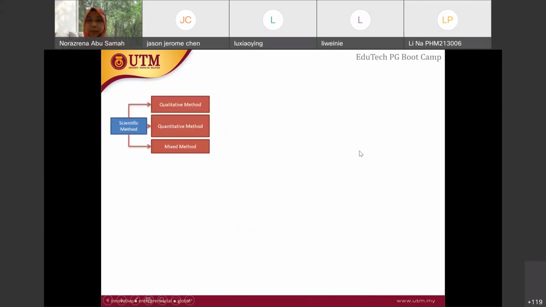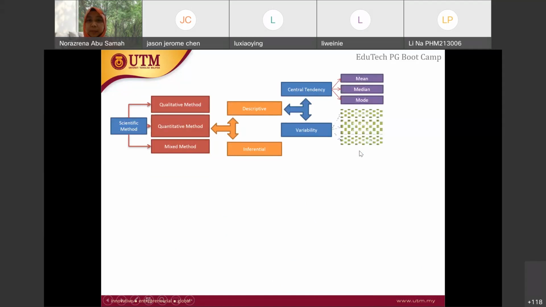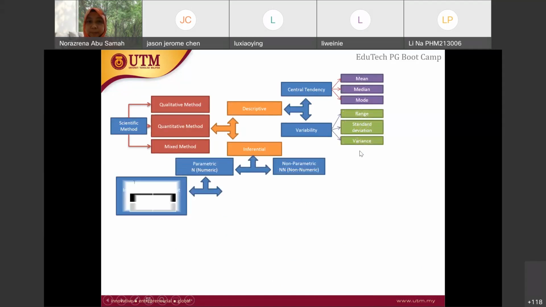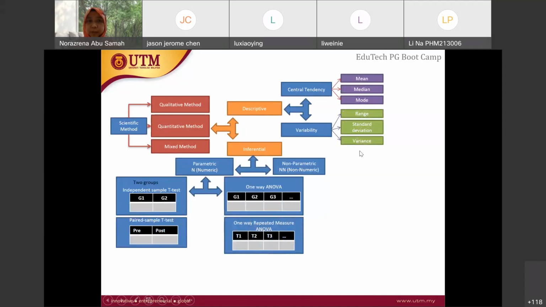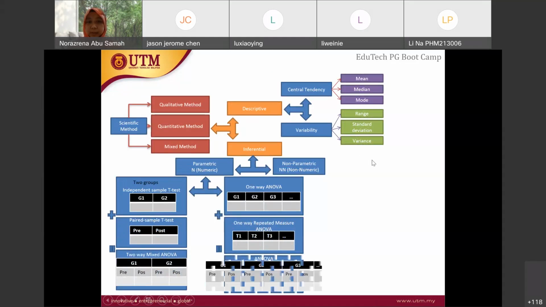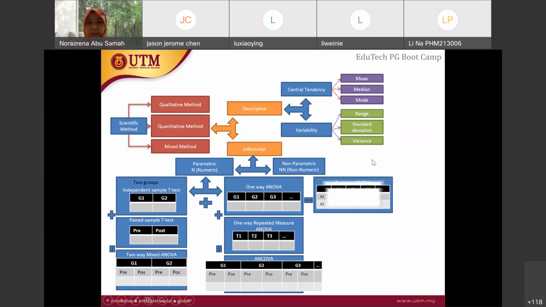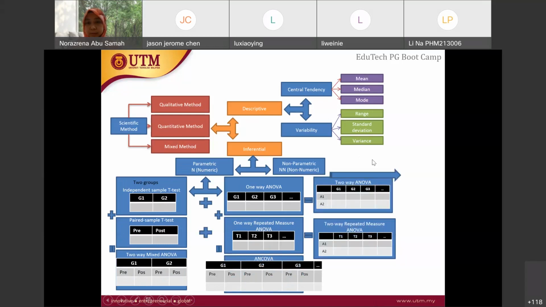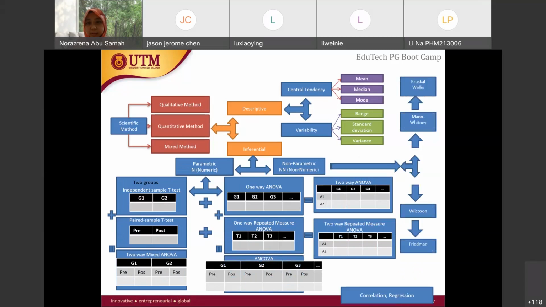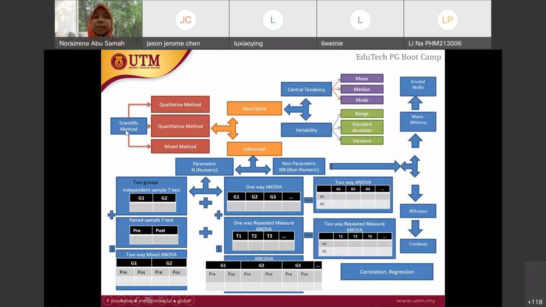So this is the summary. For the statistics, let's see first. In the scientific method, there are three types of analysis method: qualitative, quantitative, and mixed method.